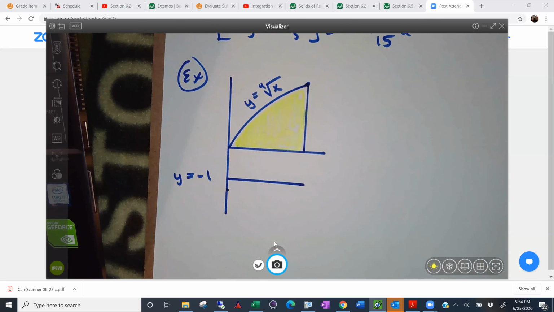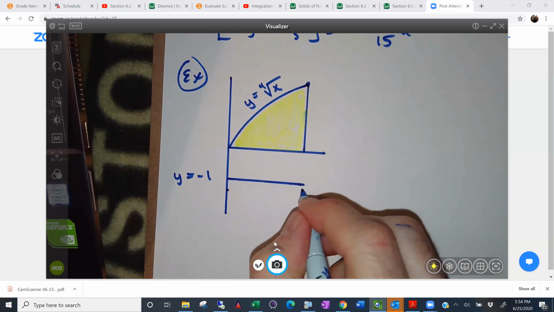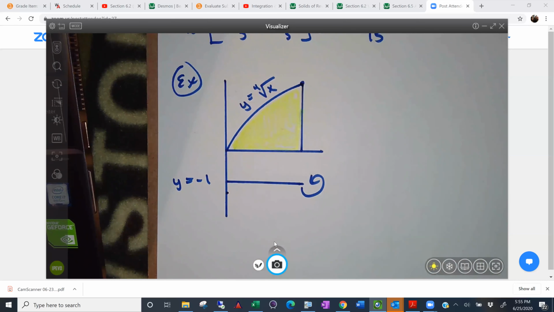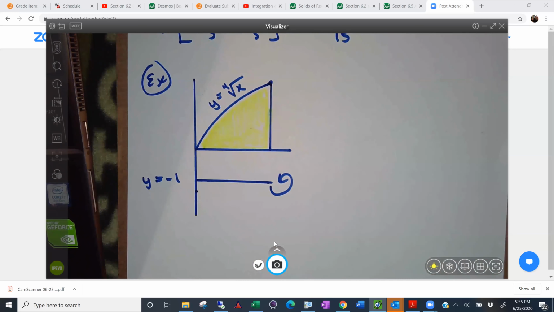And unlike the last one, we're going to rotate this around the line y equals -1. So kind of different than the last one. And let's see what happens.